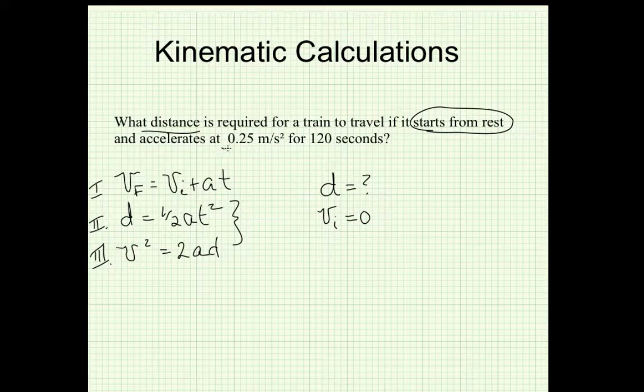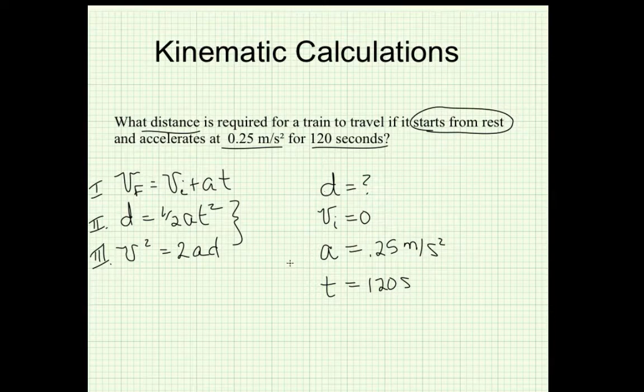And it accelerates at 0.25 meters per second squared. Remember that the unit is a guide. Acceleration has a unit of meter per second squared. So that means the number that I'm going to put in wherever a goes is 0.25. And then we have 120 seconds. And 120 seconds is going to be time, and I know that because of the unit.